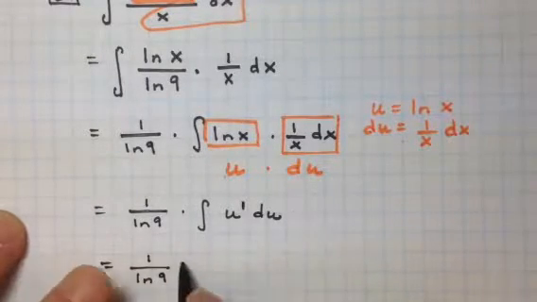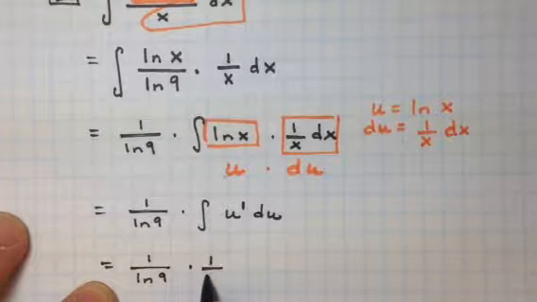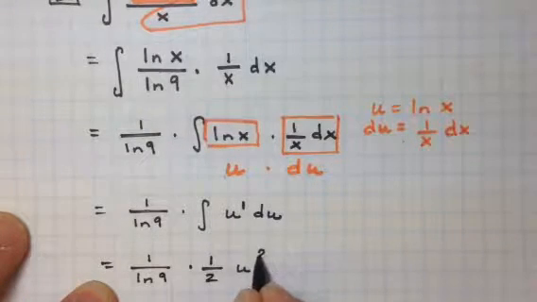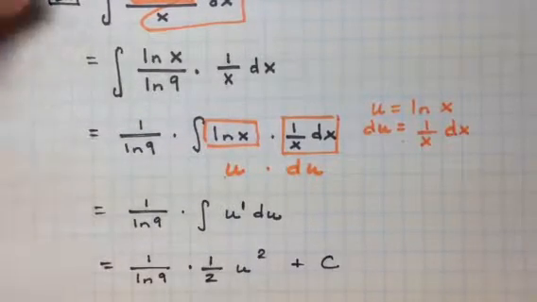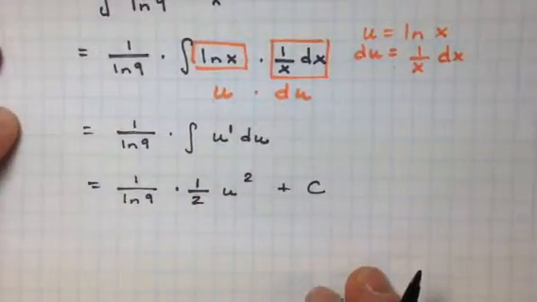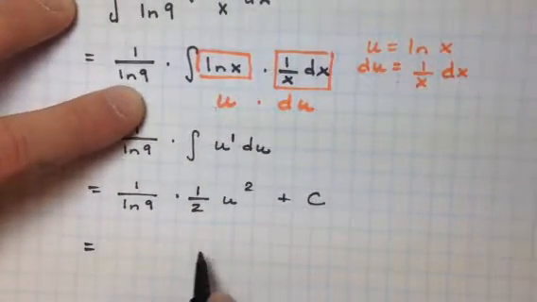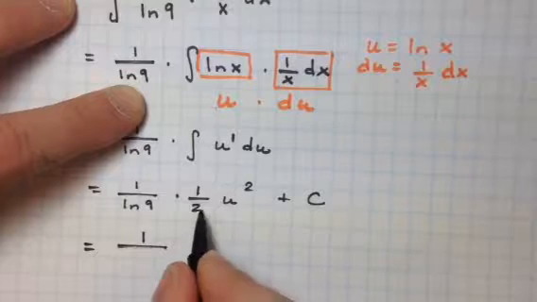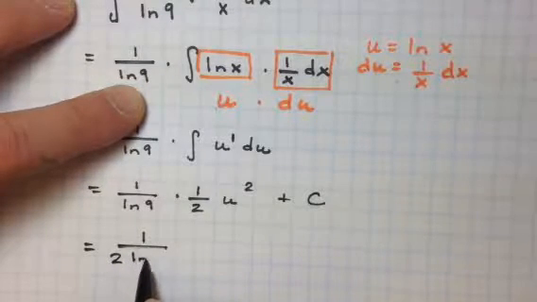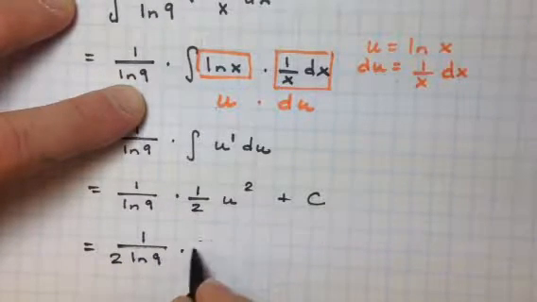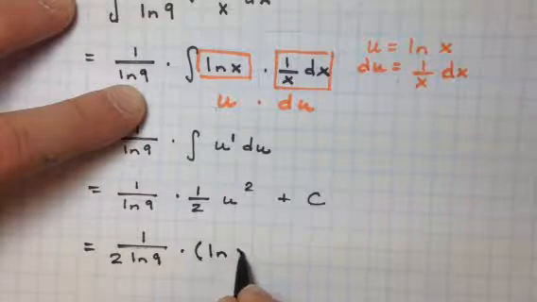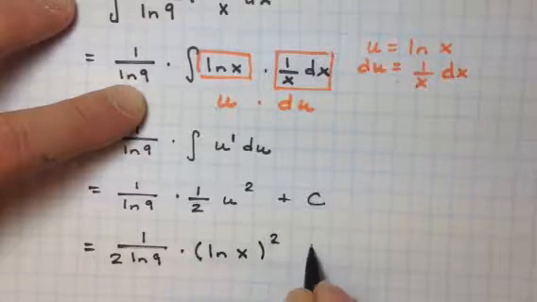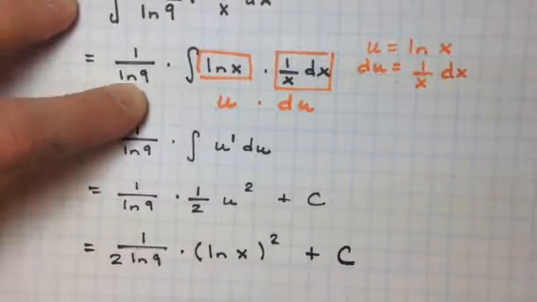When we take the antiderivative, we would get 1/2 of u squared plus the kitty. And so our final answer here is going to be 1 over, let's move that 2 in front, 2 natural log of 9 times u, which is really natural log of x, the quantity squared, plus c.